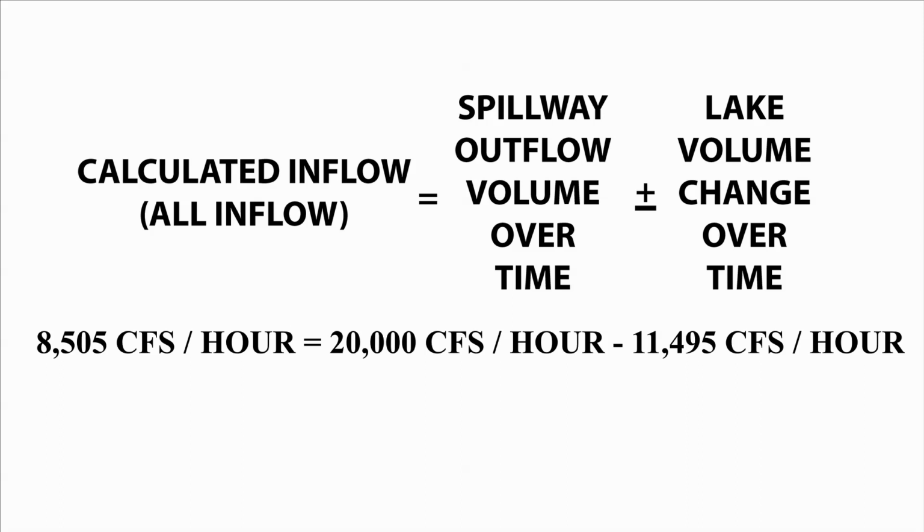The unknown inflow has now become the calculated inflow and is 8,505 CFS. When the spillway is flowing and the lake is falling, the unknown inflow is equal to the spillway outflow minus the flow determined from the volume change in the lake.